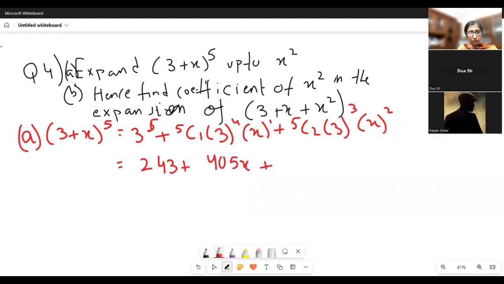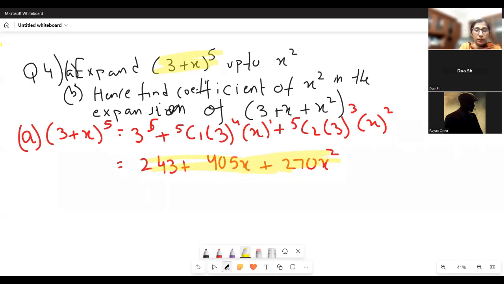And then 5C2 times 3 cubed is 270x squared. Yes, all of these are correct. So we managed to expand this up till x squared terms. Again, there are more terms after this, but we were told to stop at x squared.